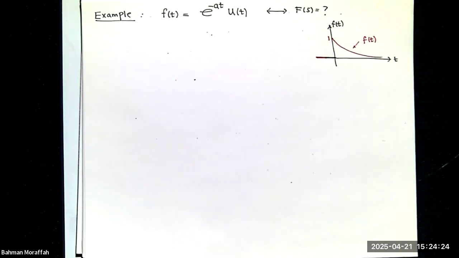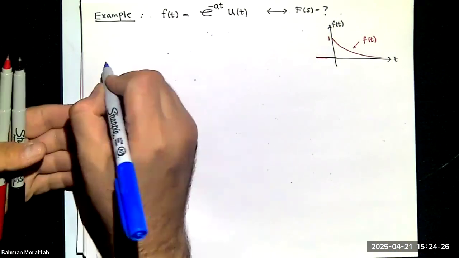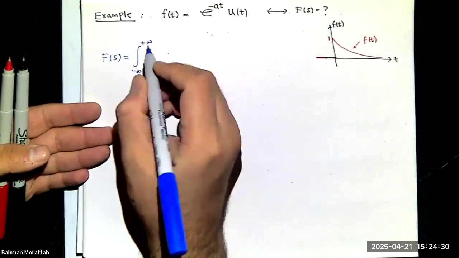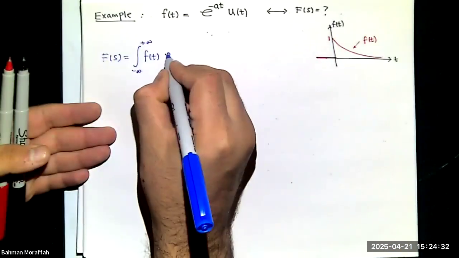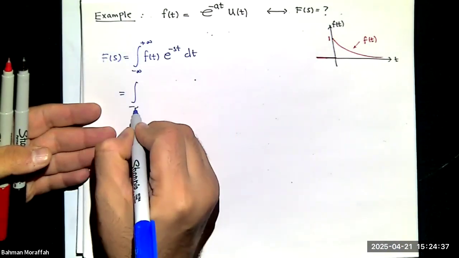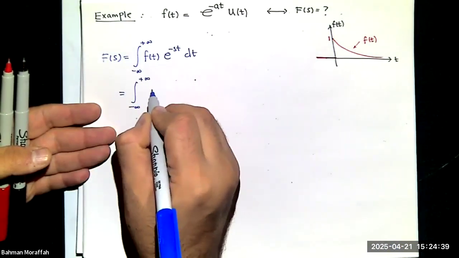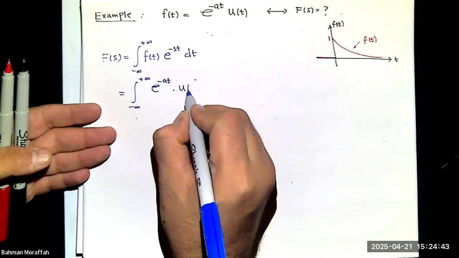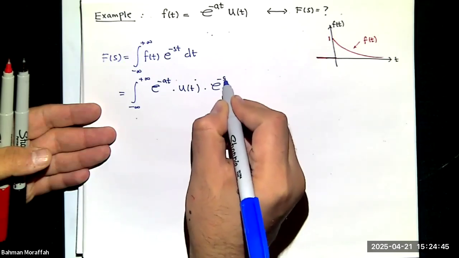Now let's just find F of s. F of s is the integral from minus infinity to infinity of f of t e to the power of minus st dt, which is the integral from negative infinity to infinity of e to the power of minus at times u of t times e to the power of minus st dt.